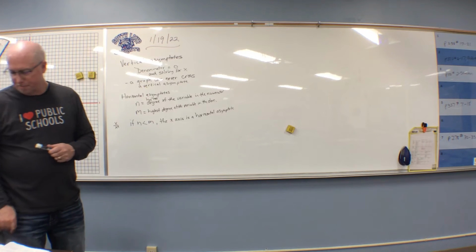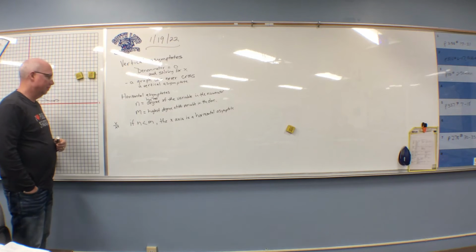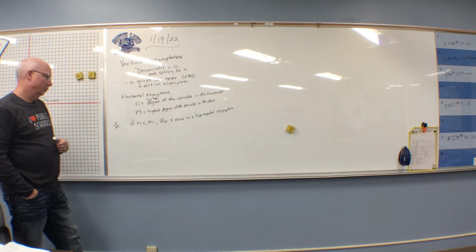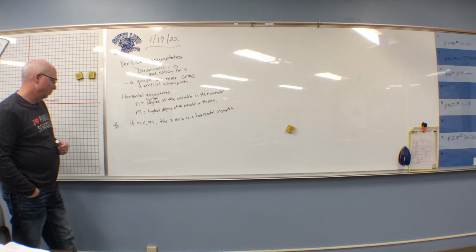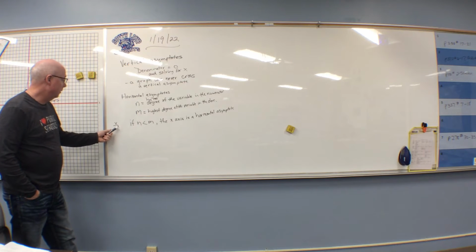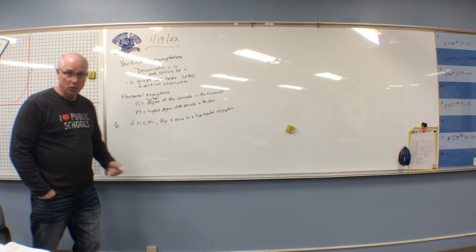Would the x-axis be a horizontal asymptote if the x squared was an x to the fourth power? Yes, if this degree is less than this degree. I'm sorry, I got my m and n switched around.